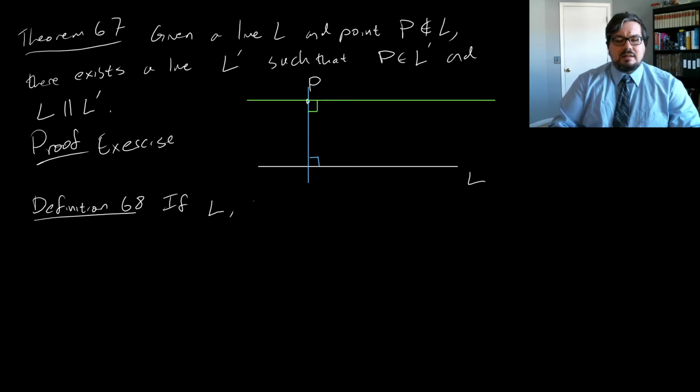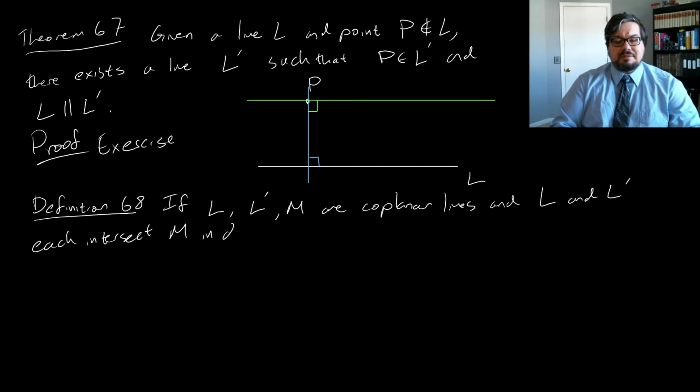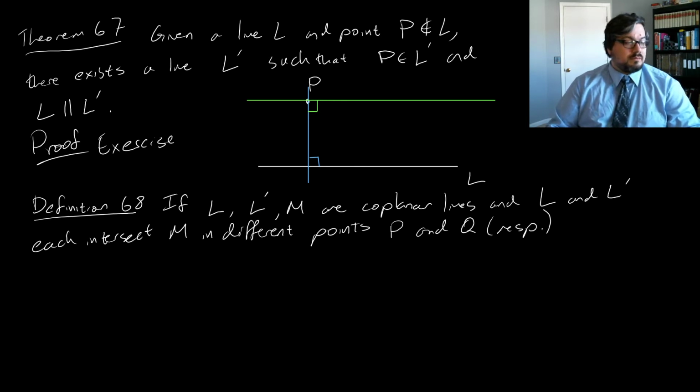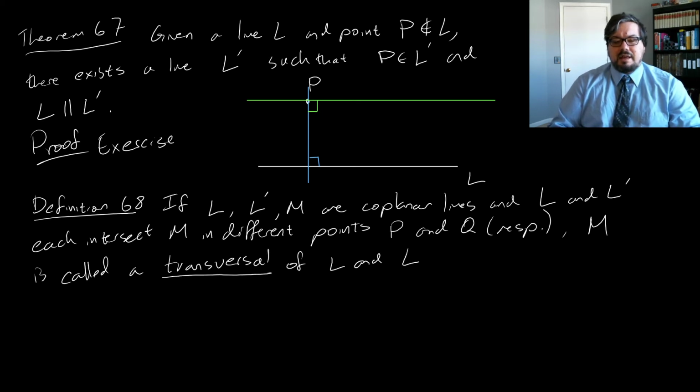If L, L prime, and M are coplanar lines, and L and L prime each intersect M in different points, P and Q, respectively, then M is called a transversal of L and L prime.